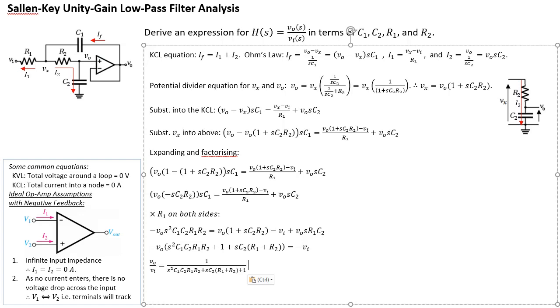Typically, we finish off by turning this into an expression where the S squared term stands by itself, which means that to do that, obviously we need to divide both top and bottom by C1, C2, R1, R2. Then I'll just have an S squared term here, right? So let's do that.